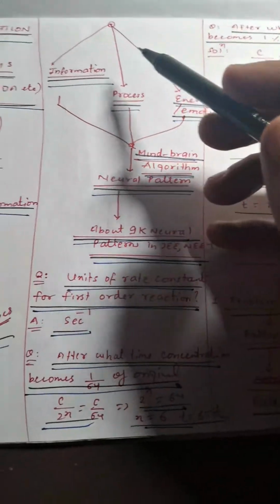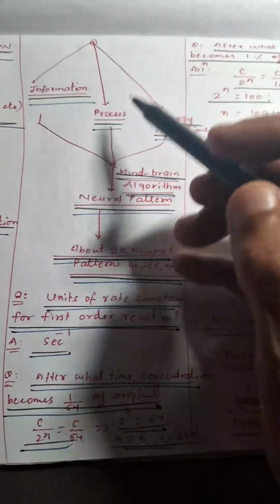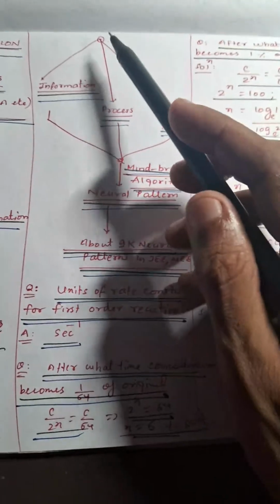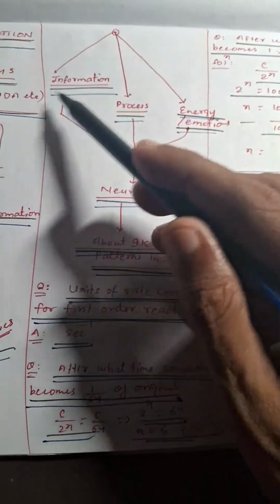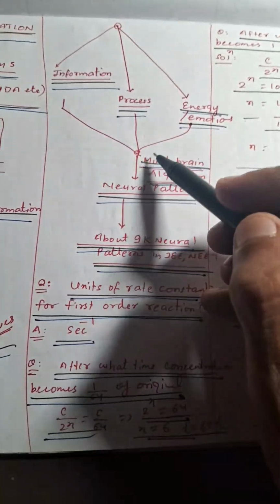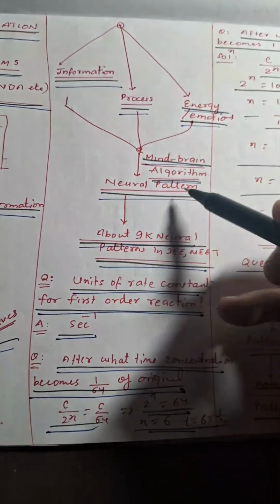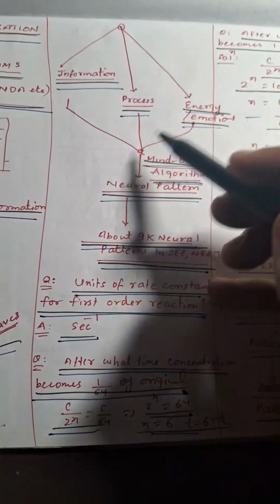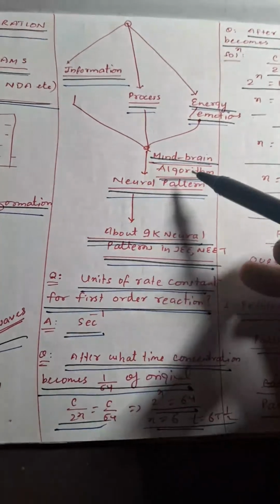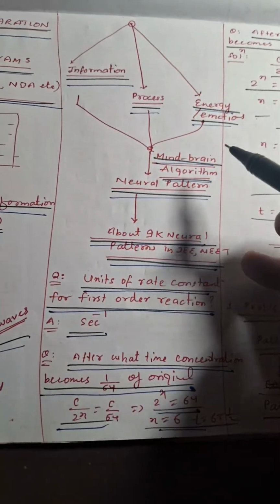Now let's see things from another perspective. When we are studying, we are dealing with three things. The first is information, the second is the process, and the third is the energy or emotions. The triad of these three things constitutes something which I call the mind brain algorithm.